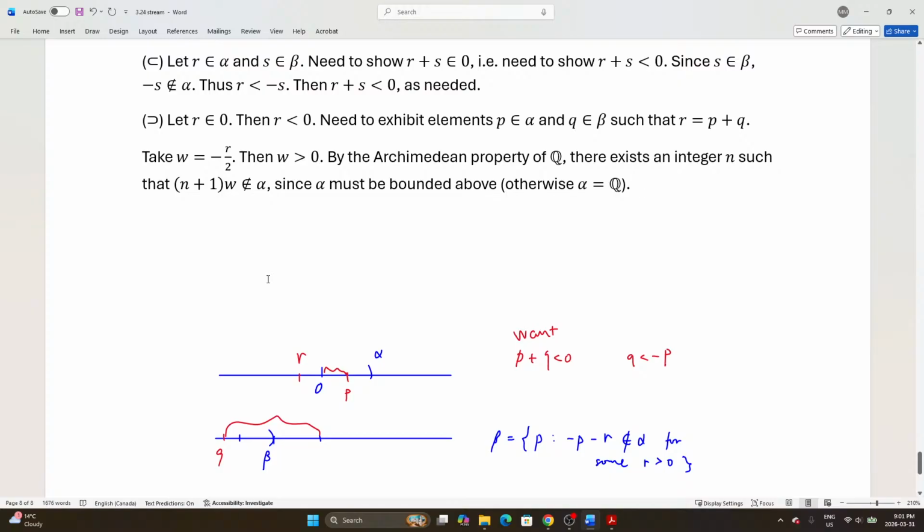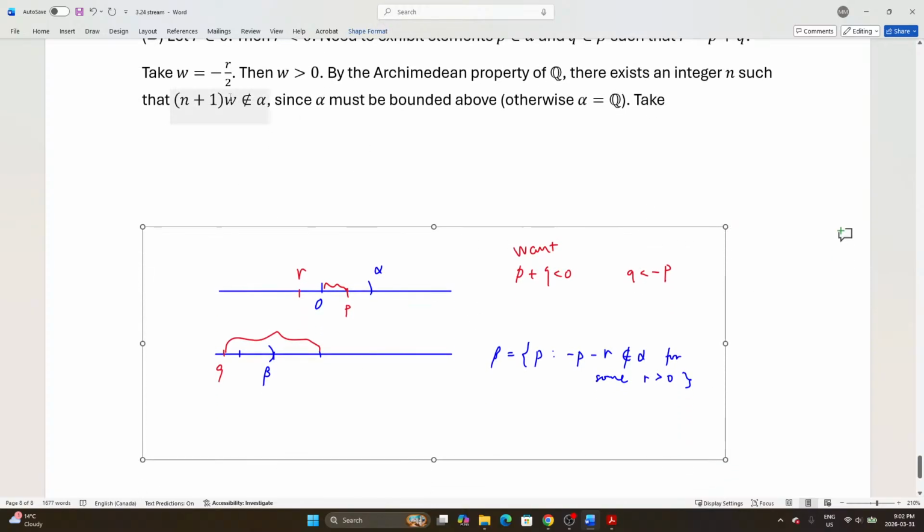So something that is not in alpha. I want to write it as a minus something, minus a positive.